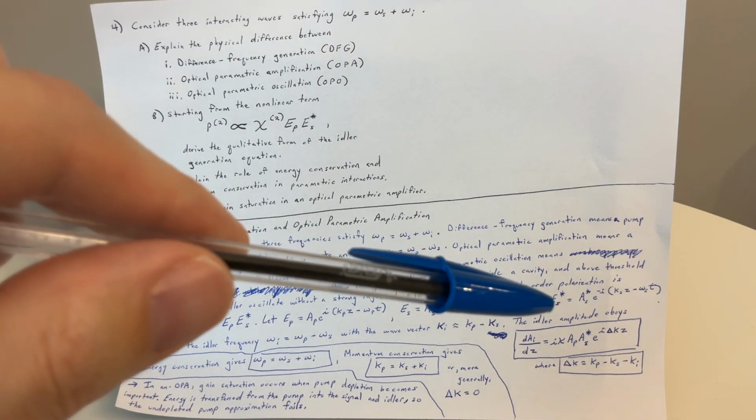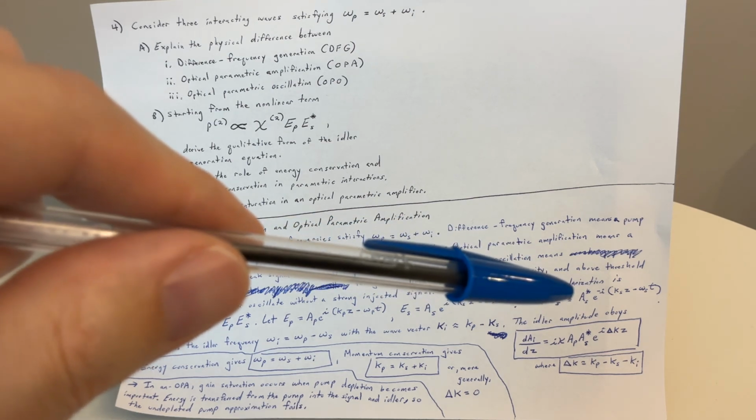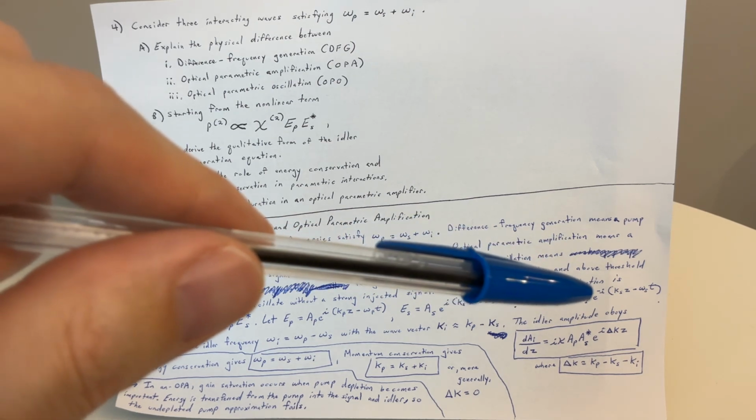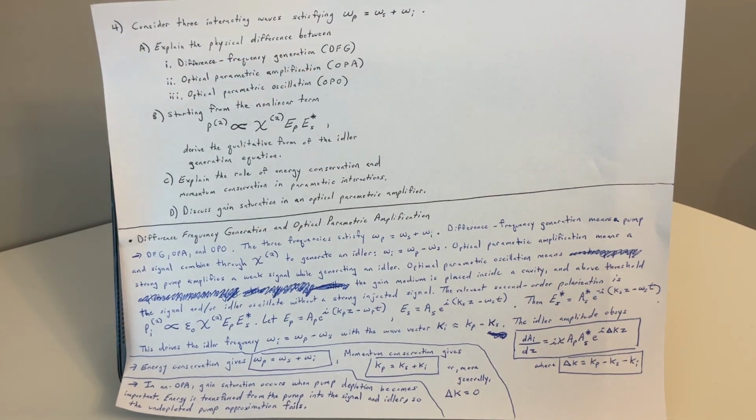Then we get E_s star equals A_s star times e^(−i(k_s z − ω_s t)).